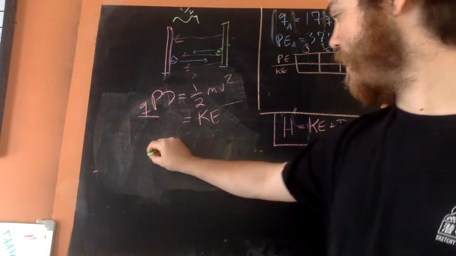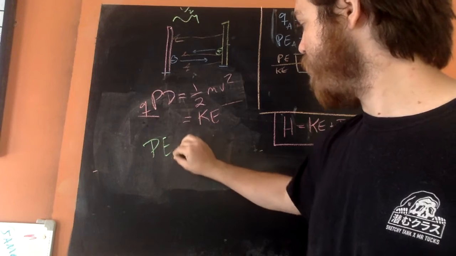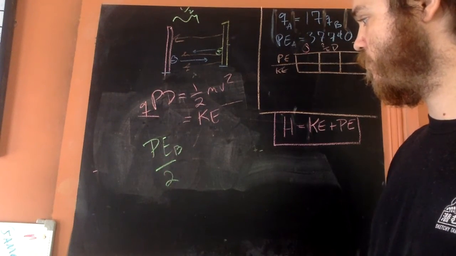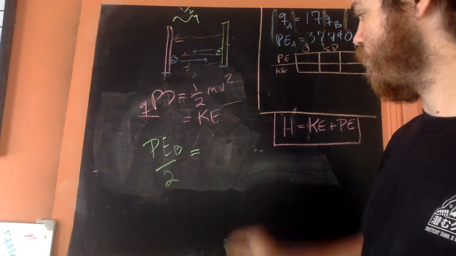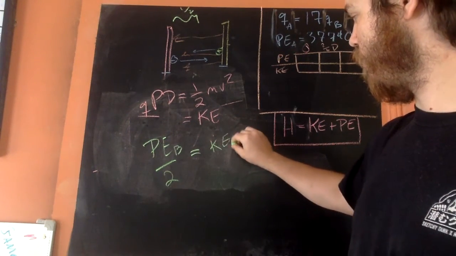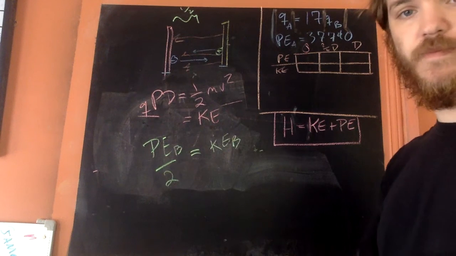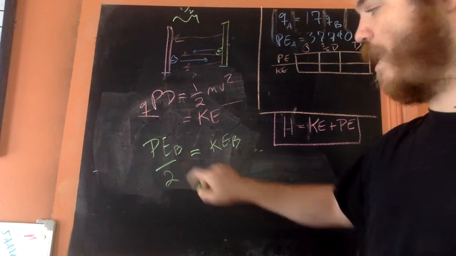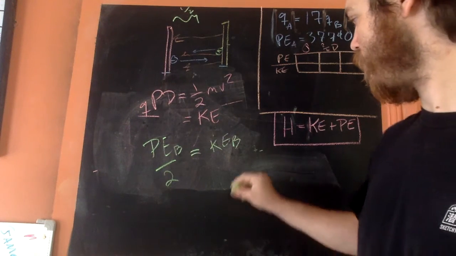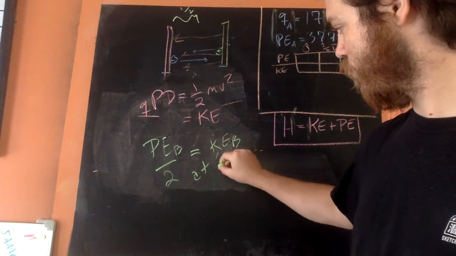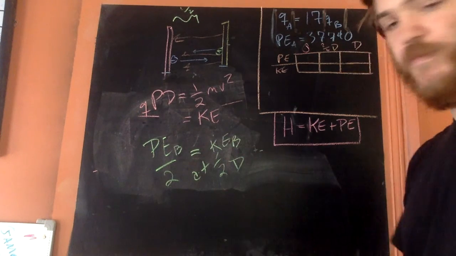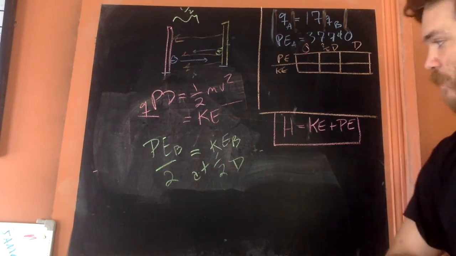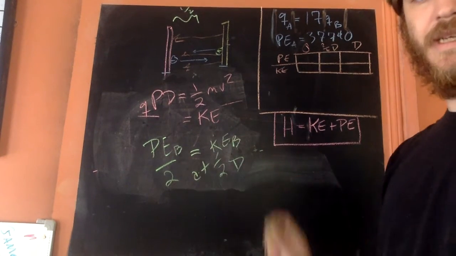So what I can do is I can take potential energy of B over 2 is equal to kinetic energy of B, and that is at 1/2 the distance of D. So then what we can do is we can generalize this.